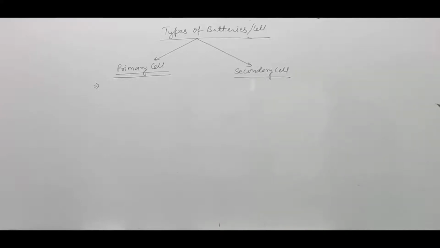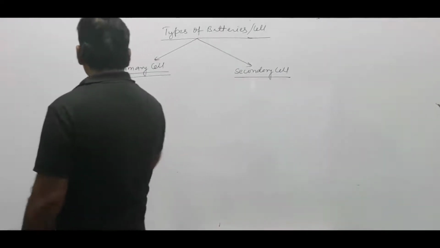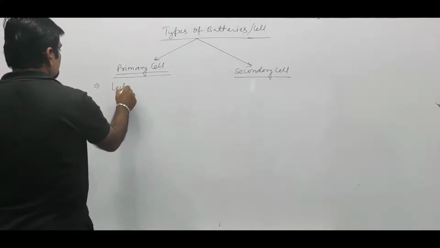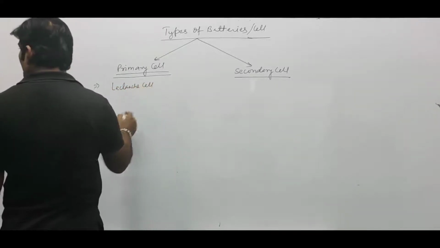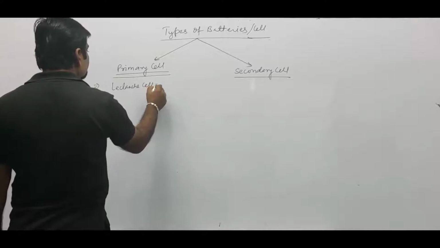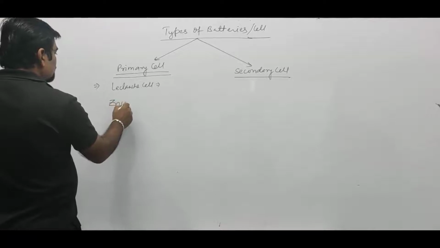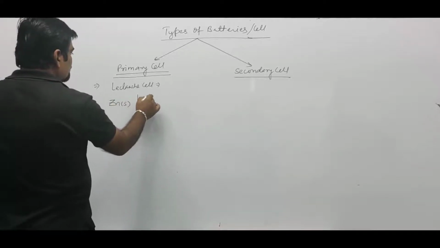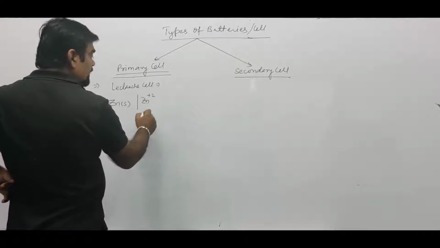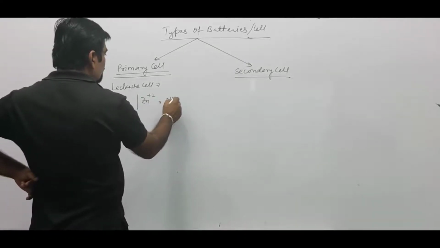For example, the Leclanche cell, which is also called a dry cell. In the Leclanche cell, zinc is converted to Zn2 plus in ammonium chloride solution.